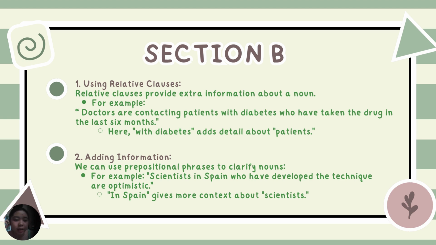Second, adding information. We can use prepositional phrases to clarify nouns. For example, scientists in Spain who have developed the technique are optimistic. In Spain gives more context about the scientists.